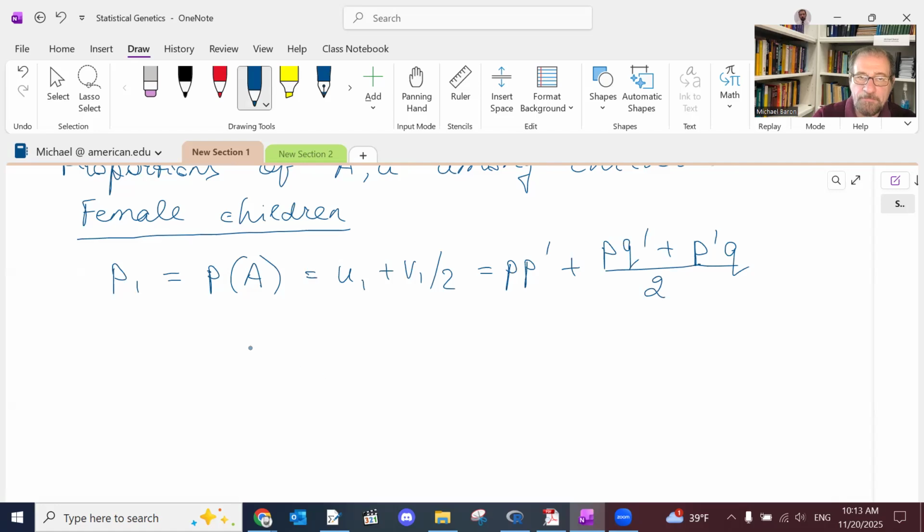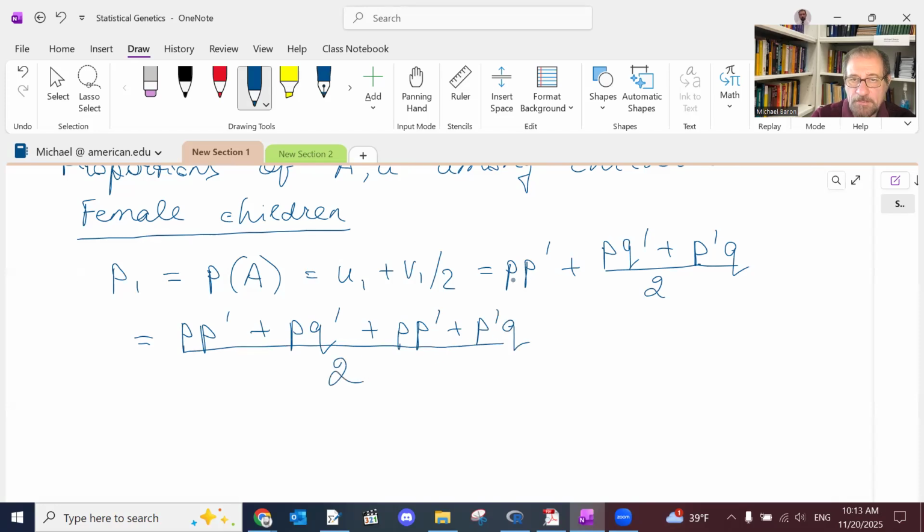Let's try to simplify. Bring to the common denominator first, right? So we will have twice P prime, P prime plus PQ prime, and another P prime plus P prime Q. I brought everything to the common denominator, so I have twice this here and here.